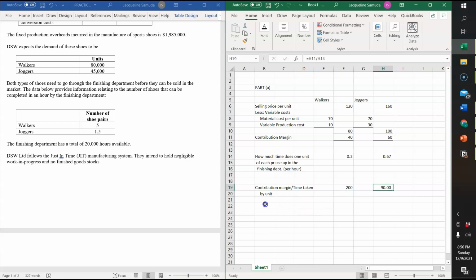And so we talked about a ranking. It would therefore seem that based on the data, DSW should focus all their resources on making walkers because it generates the most contribution margin in 1 hour.